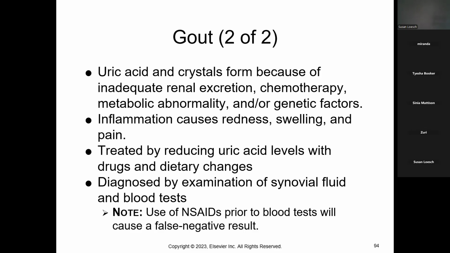Usually you're going to see this in diabetics whose blood sugar is out of control. And the purines break down, they become what we call urate. Normally that goes out of the body in urine, but here the body is not excreting it because these crystals are forming. Chemotherapy, metabolic abnormalities, or genetic issues can lead to this.